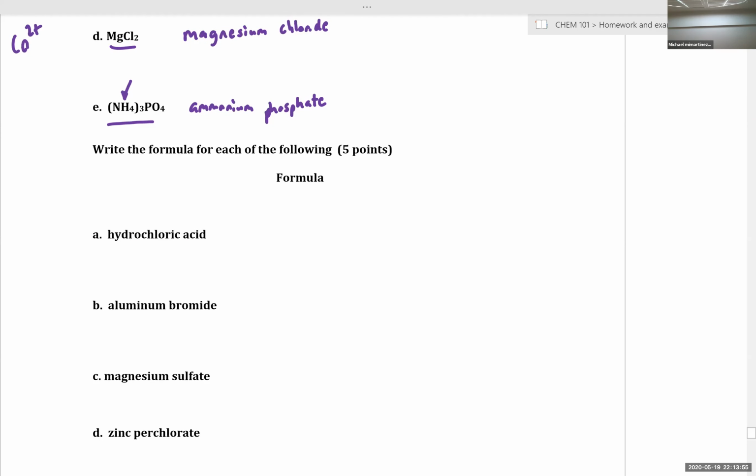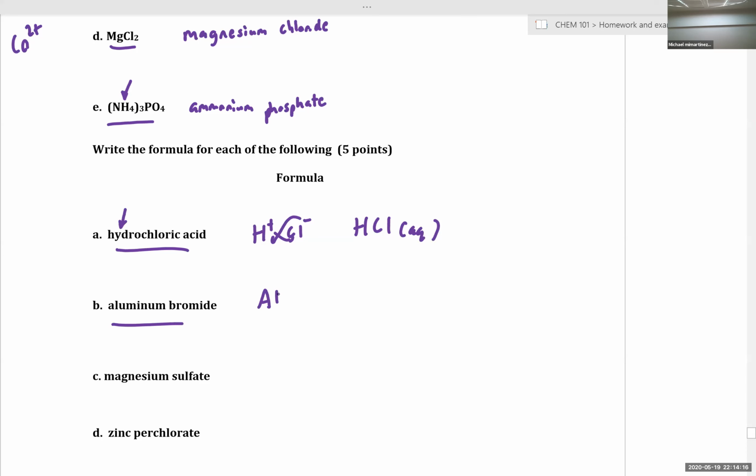We're next asked to write the formula. So hydrochloric acid, so H plus HCl. The hydro prefix tells us we're dealing with a binary acid, and chloric tells us we're dealing with chlorine. So this is HCl, aqueous.